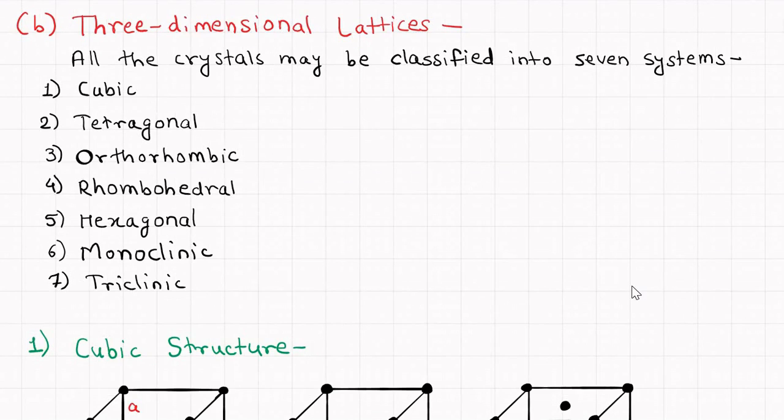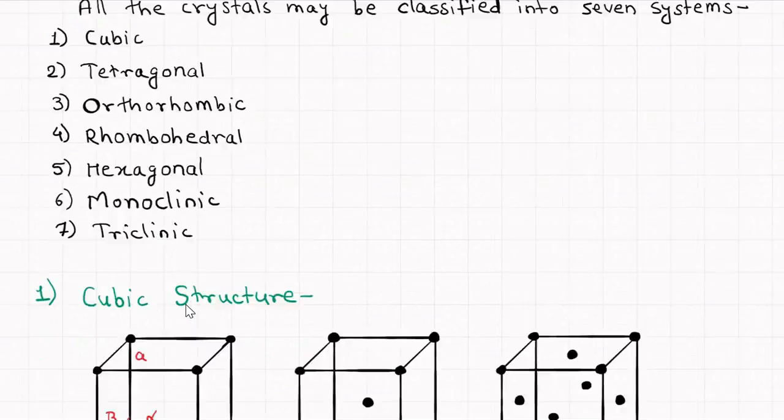All the crystals may be classified into 7 systems. Those are cubic, tetragonal, orthorhombic, rhombohedral, hexagonal, monoclinic and triclinic. So, first one is cubic structure.